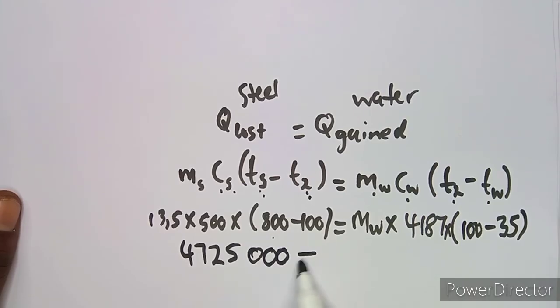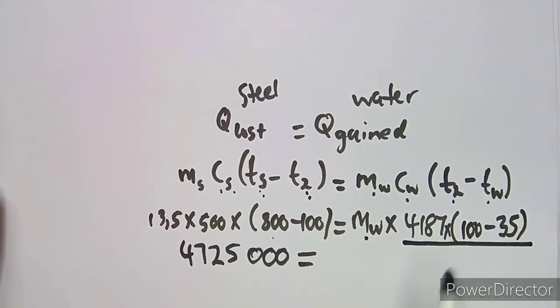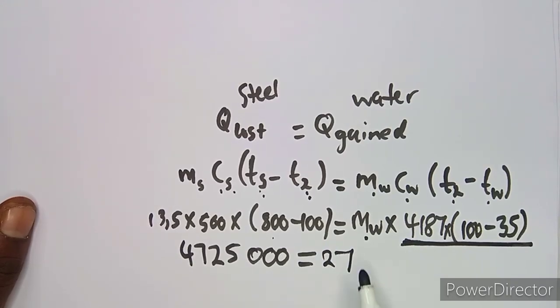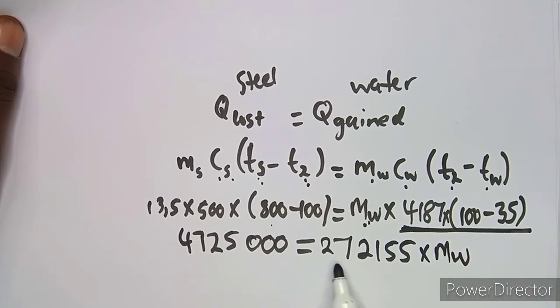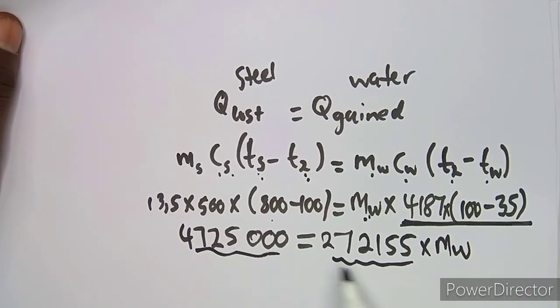you're going to obtain 472,500, which is equal to, we do not have this mass of water, but we can simplify these two numbers here. So you're going to obtain 272,155 there, times the mass of water. So to find the mass of water, I'm going to divide both sides by this number.